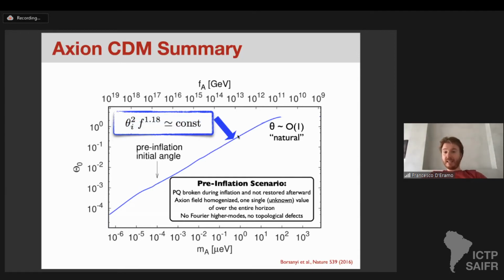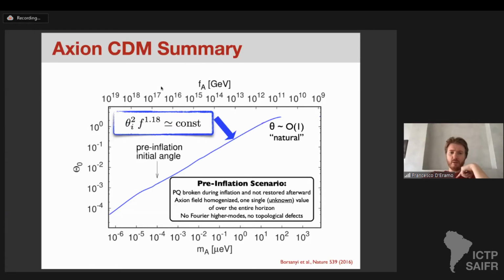So you see that in the pre-inflation scenario, where you do not have the contribution from topological defects, and when the initial angle has a single value, so you do not take the average, you have to live along this line. So you see that in particular, it's possible to have a value of F much larger than 10 to the 11.